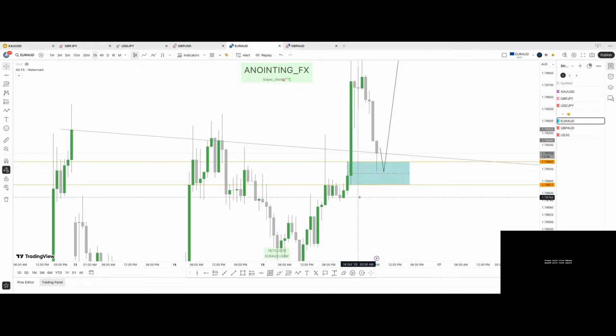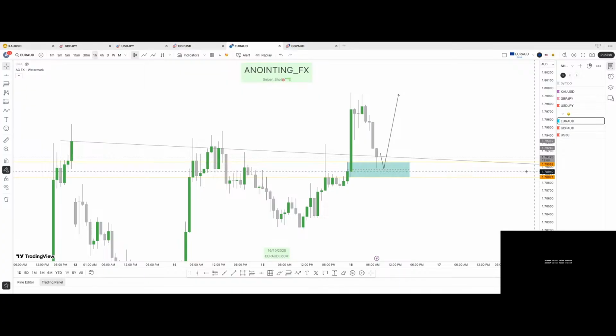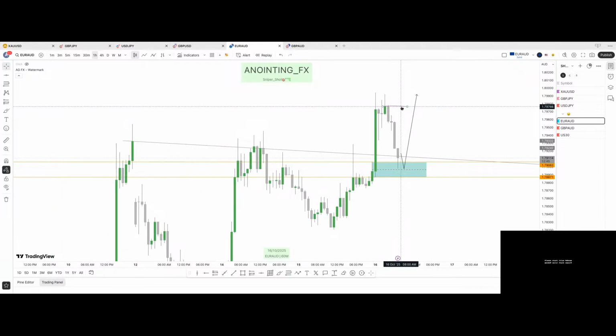Okay, so I marked this zone and price came to tap in and it's going to the upside already. My first target will be about these highs. But I'll be looking at price going above the zone. Whatever happens, my first target is this, because I'm using a standard lot on these trades I picked.